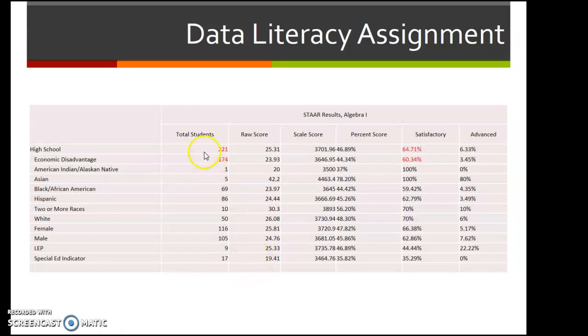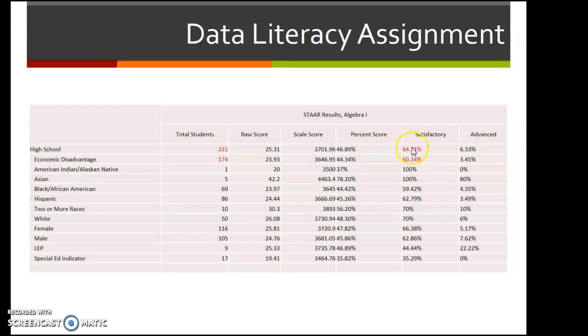So looking just at first, the economically disadvantaged students, you can see if you subtract 174 from 221, you only get around 50 students. So there's a large part of the school that is economically disadvantaged. Maybe about 50 or so are not economically disadvantaged. And that's pretty representative of the whole school. So the school only received a 64% pass rate, 60% pass rate for the economically disadvantaged.